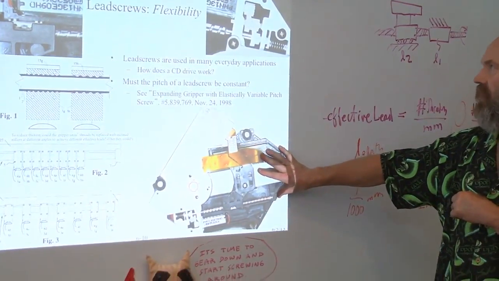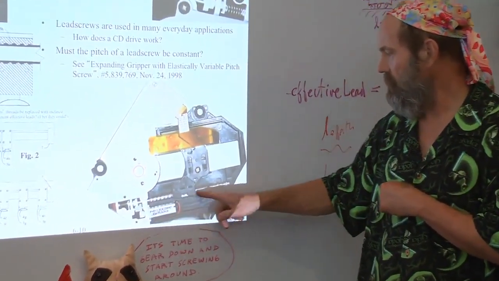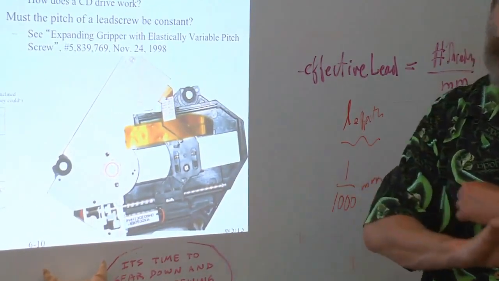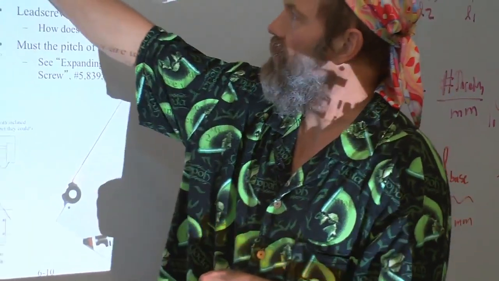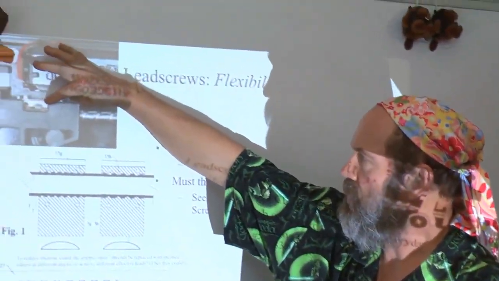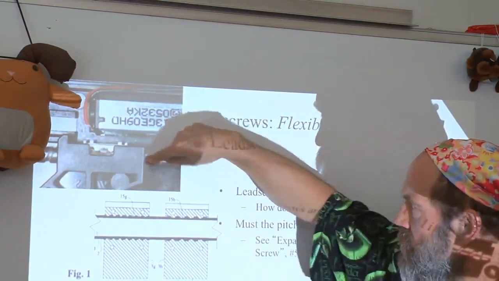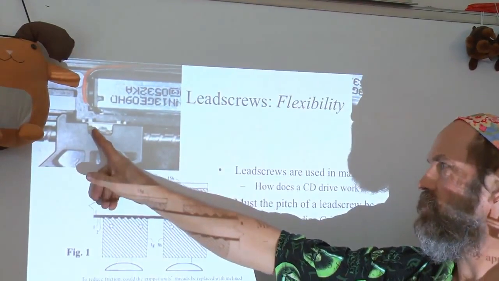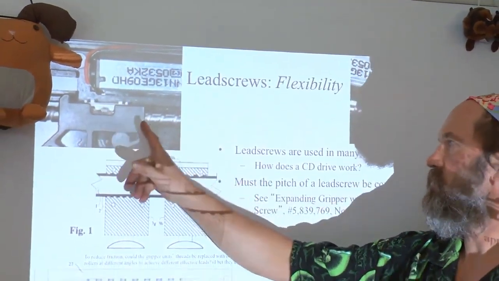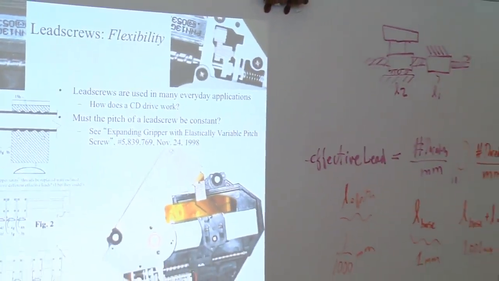This is from a CD drive. Here, the lead screw has to be very, very low cost and have absolutely zero backlash. How is that achieved? It's achieved by the nut is actually not a full nut. It's just a part of a thread engaging this lead screw. And that is spring mounted radially, so this trapezoidal thread shape of the nut is driven into the trapezoidal thread shape in the screw, and it's preloaded radially that way.